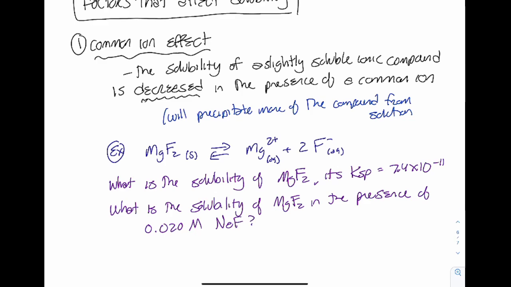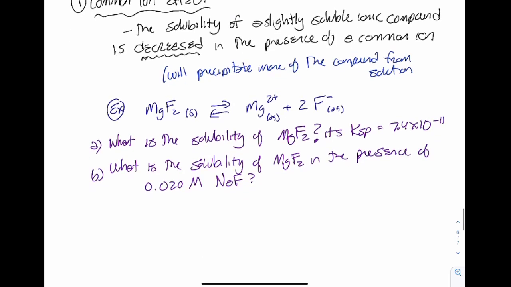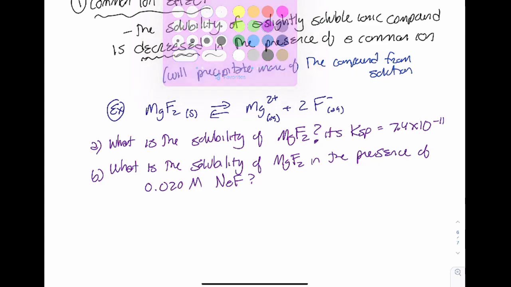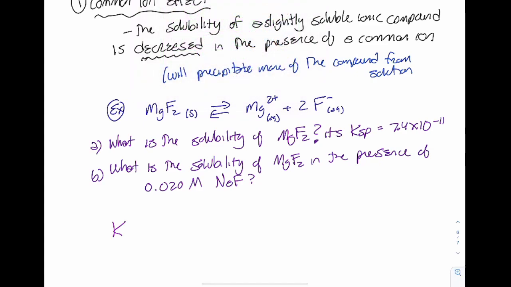So 2 parts, A and B. And part A is just what we've been doing. We know that our solubility product constant, which is equal to 7.4 times 10 to the negative 11th, is going to be equal to my concentration of magnesium ions raised to the first power multiplied by my concentration of fluoride ions raised to the second power.